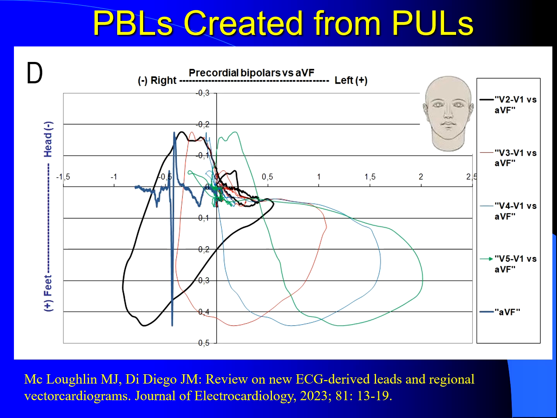This allows demonstrating the modification that can occur in the loops when the amount of cardiac tissue under the recording of the electrodes increases. As can be seen, the PBL B2-B1 reflects the electrical activity of the interventricular septum and right ventricle. This characteristic is very important to the study of anterior wall infarction.